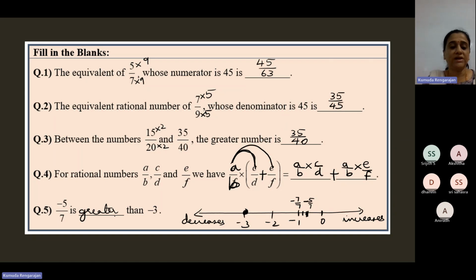Minus 5 by 7 is greater than minus 3 because you can see minus 5 by 7 will be here on the number line. This is minus 3. As you walk towards the left on the number line, the value will keep decreasing. So that means minus 3 is smaller than minus 5 by 7, which means minus 5 by 7 is greater than minus 3.